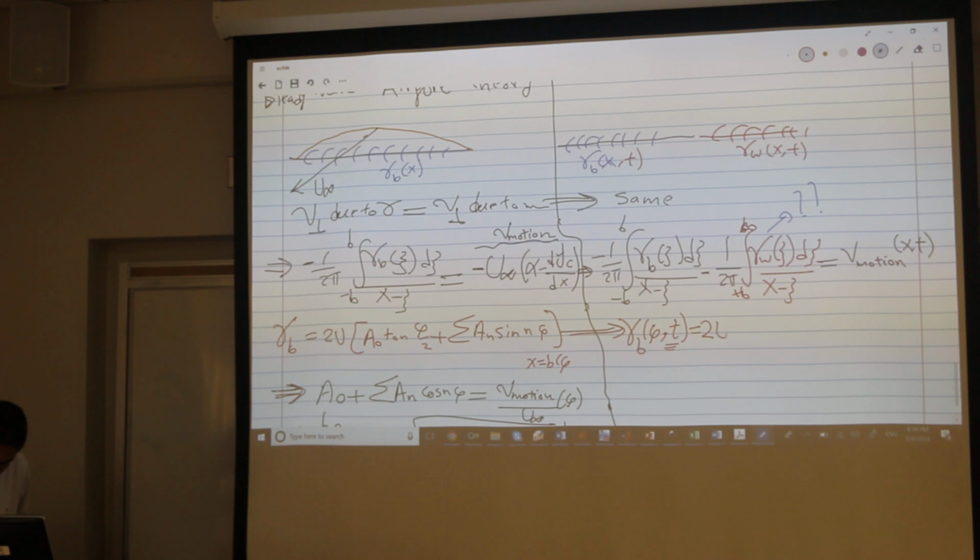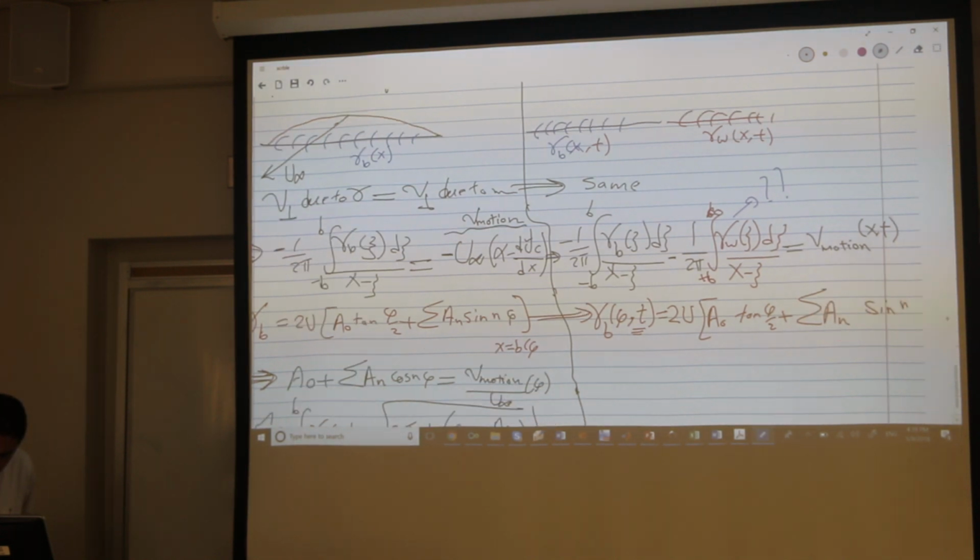So this is 2u a naught tan phi over 2 plus summation a n sine n phi. These coefficients are no longer constants, they are functions of time, right? Okay? Makes sense.